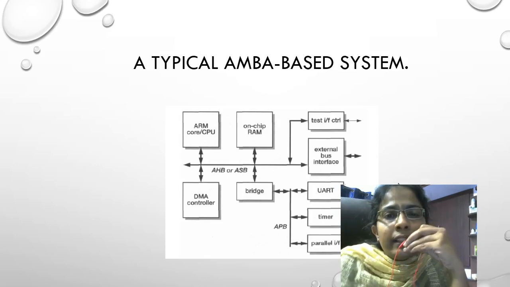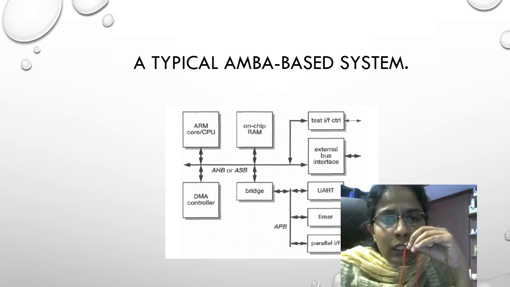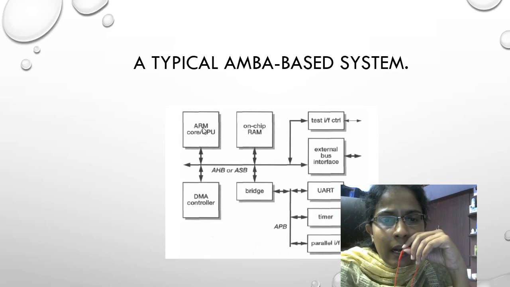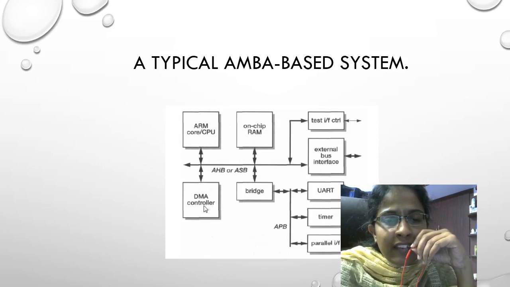So this is how an AMBA based system will look. Here is your ARM processor core, and we have a DMA controller, which is the direct memory access controller, and an on-chip RAM, and external devices like the test interface controller, external bus interface, UART (universal asynchronous receiver transmitter), timers, and peripheral interface.